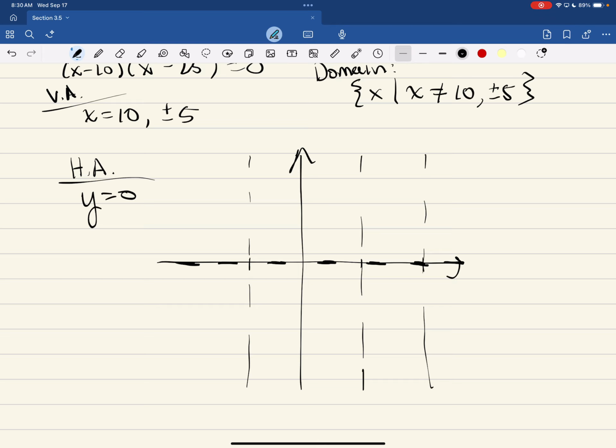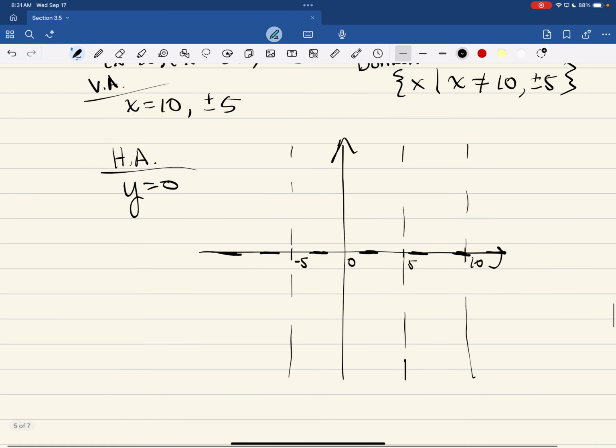So this is negative 5, 0, 5, 10. So to the left of negative 5, what's going to happen? This is negative, right? This is going to be positive. So we have a positive over a negative. So we're going to be down below.